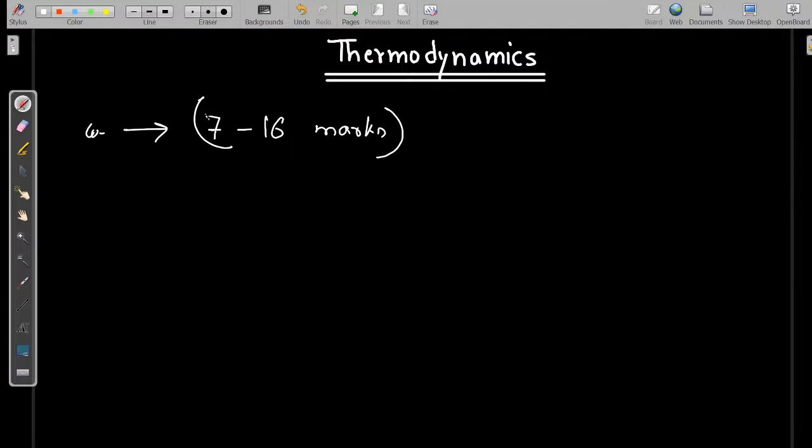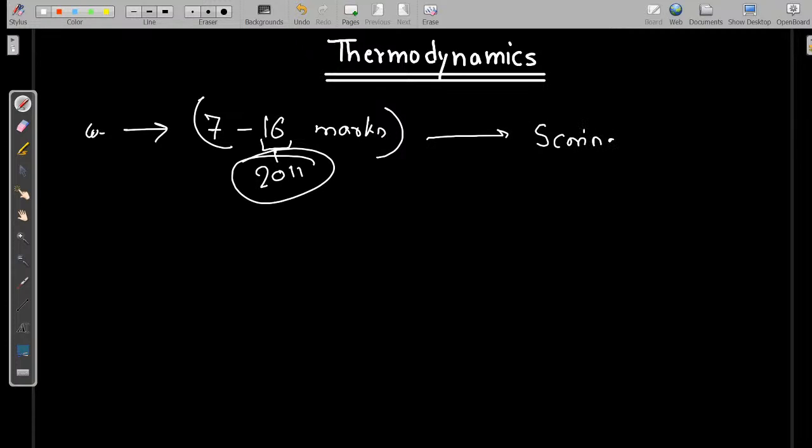It can be as low as 6 or 7 marks, and it can go as high as 16 marks. In the 2011 paper, thermodynamics consisted of 16 marks.